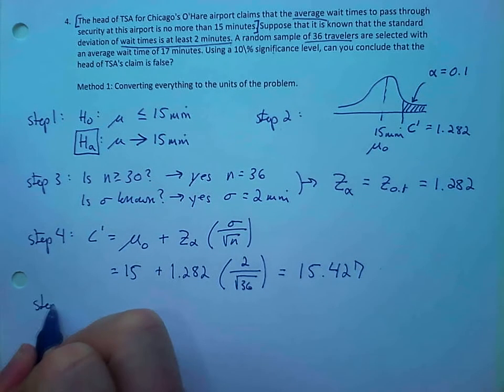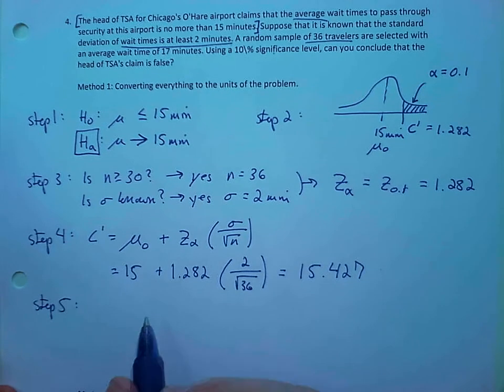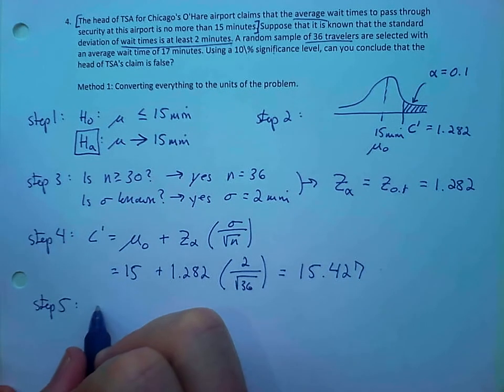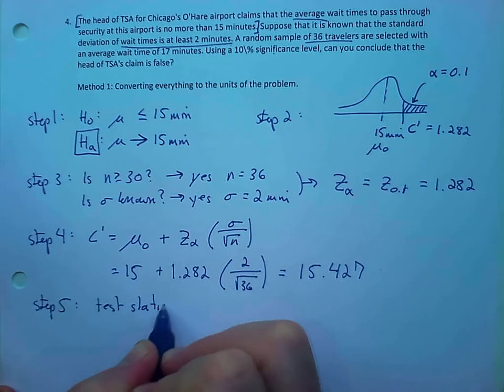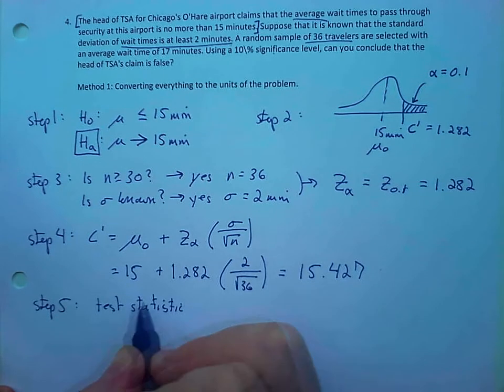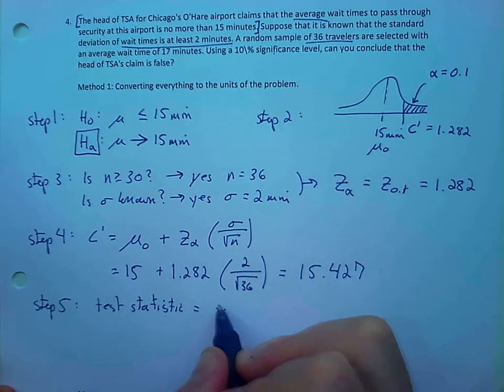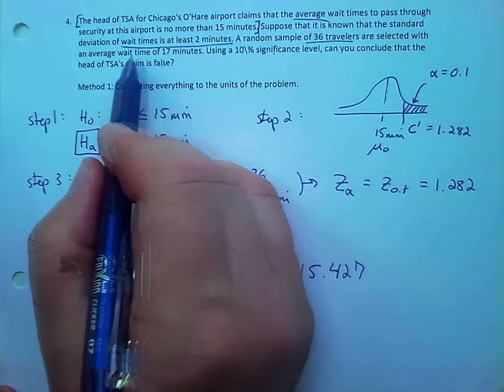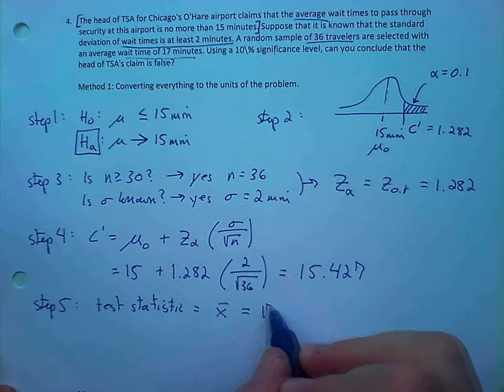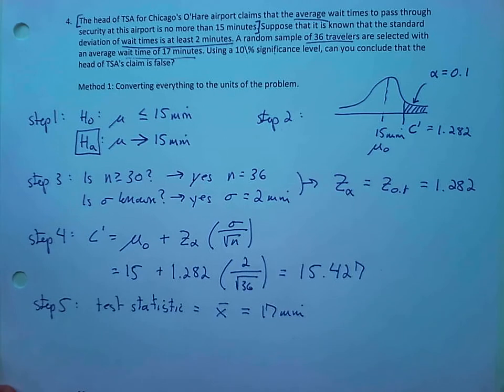15.427. For step number 5, we're going to find out that our test statistic is equal to x bar, which in our problem is telling us that the average wait time is 17 minutes.